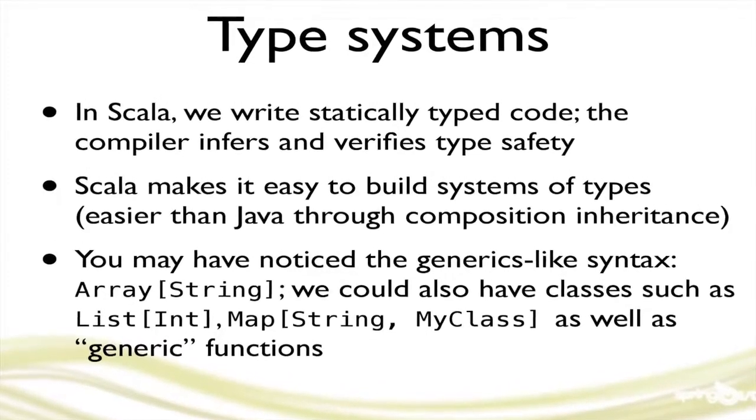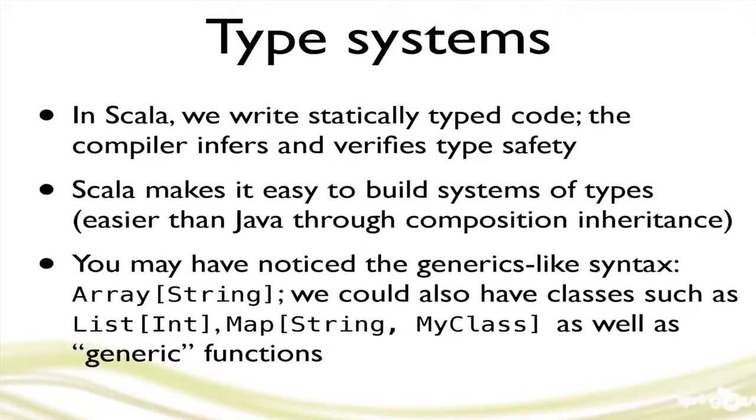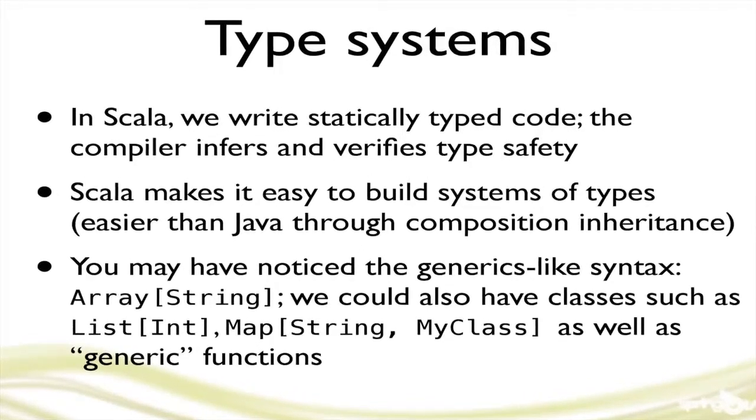All right, so as a reminder, we write statically typed code, and the compiler verifies and checks the types throughout our systems. And Scala, through the mixin composition, makes it really easy to build these complex systems of types because I can pick functionality that I want in my classes.